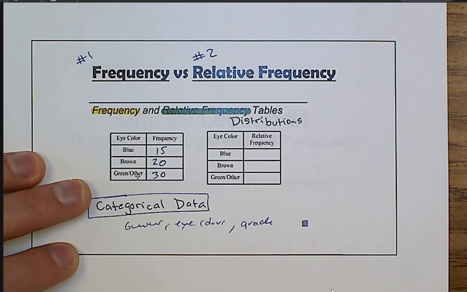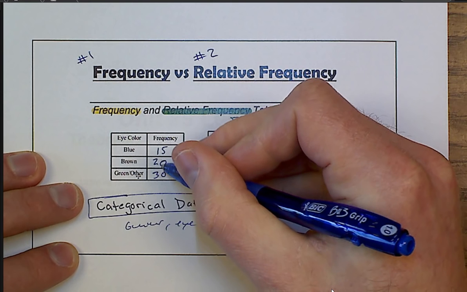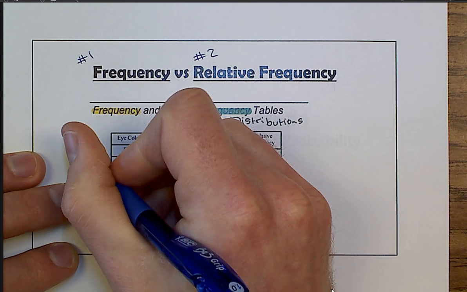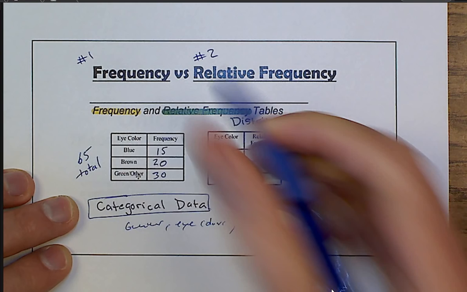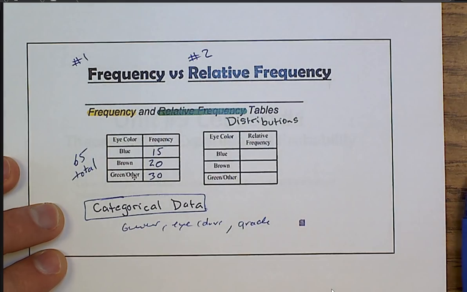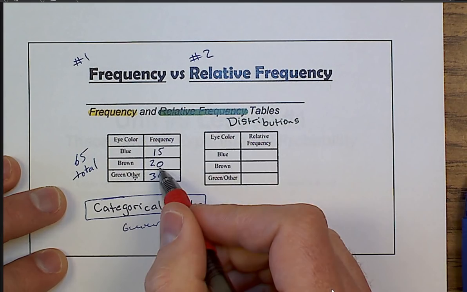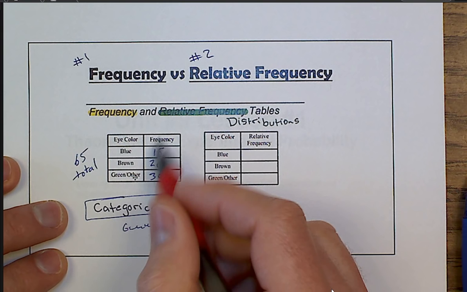And this would be 30, that's 50, that's 65. So 65 total. I'm just making something up here. There's 65 total. This right here is an example of just finding the frequency, just doing the experiment and figuring out the frequency.